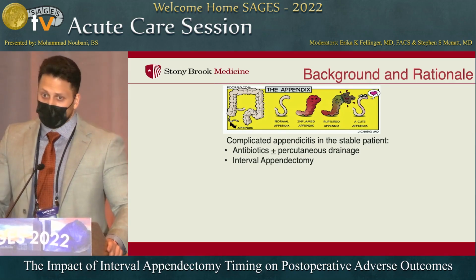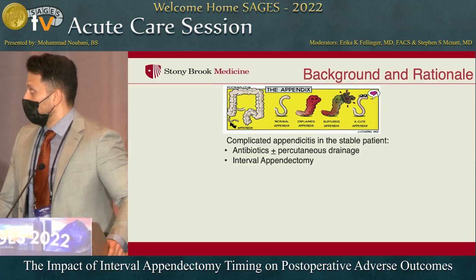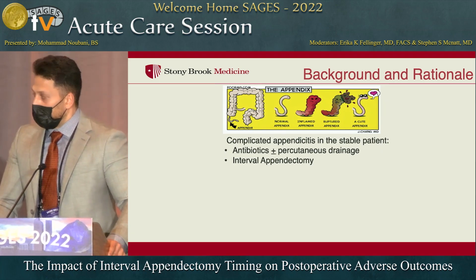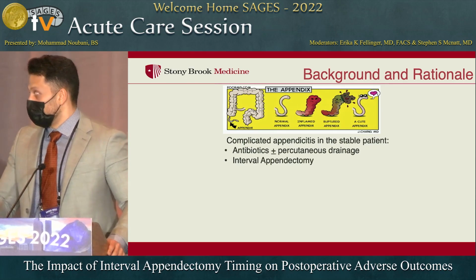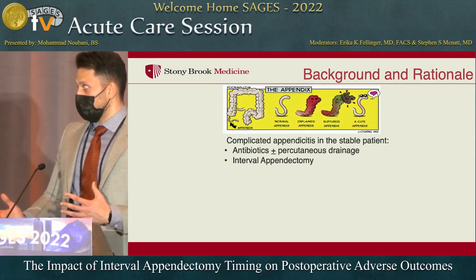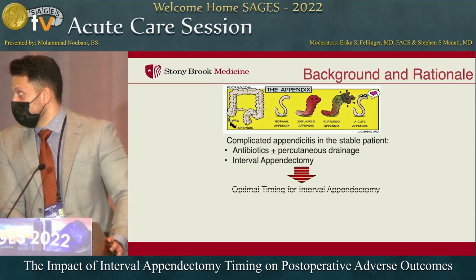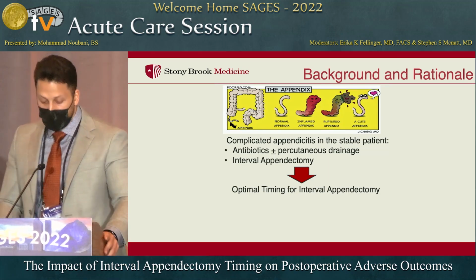The way that we usually treat these patients is with IV antibiotics and bowel rest, and then we let them recover and we bring them back for an interval appendectomy. And the biggest question that we're trying to ask here is, what is the optimal timing for interval appendectomy?